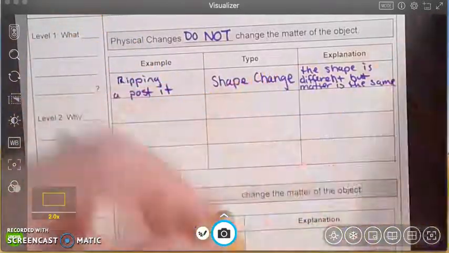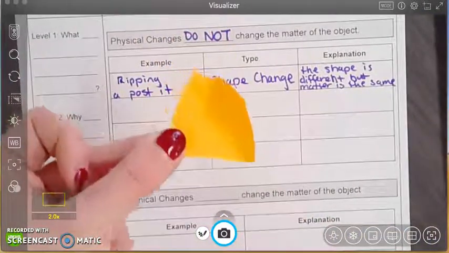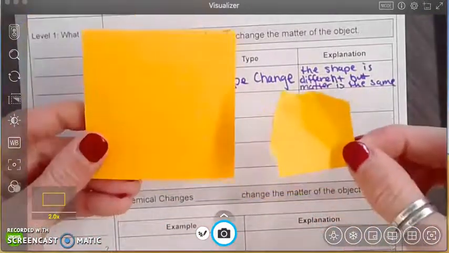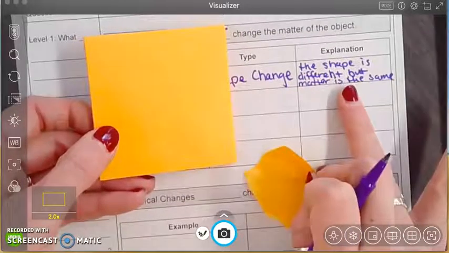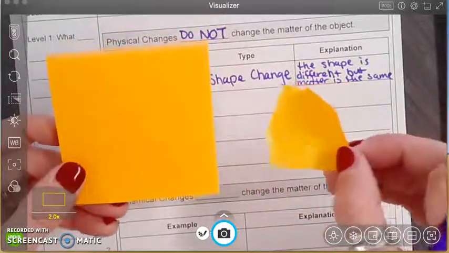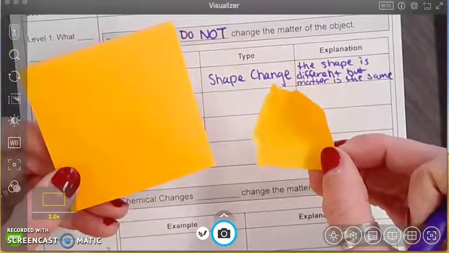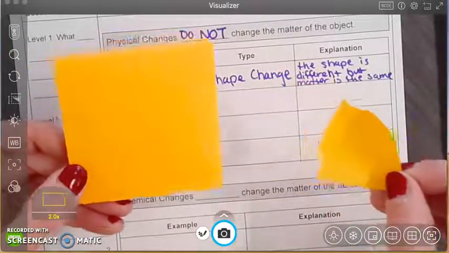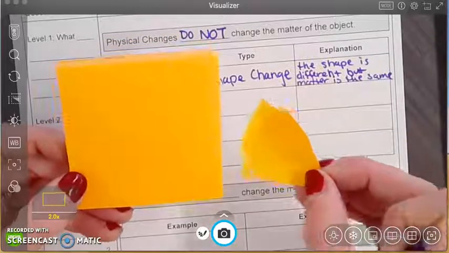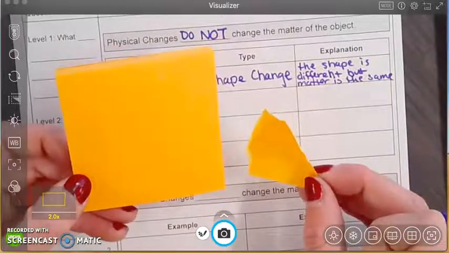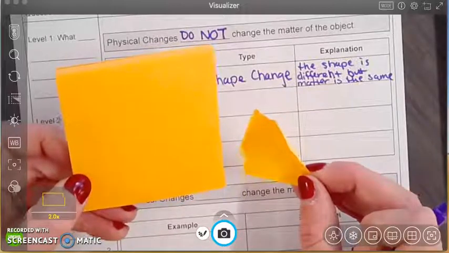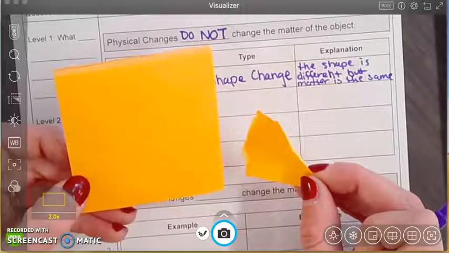Even if I were to do less, and I have less matter than what I start with, when we say the matter stays the same, we mean it's the same kind of matter. It's not new type of matter. So I could have more, I could have less. That's not what we're talking about here. We're talking about how when I change its shape, the type of matter is still the same.